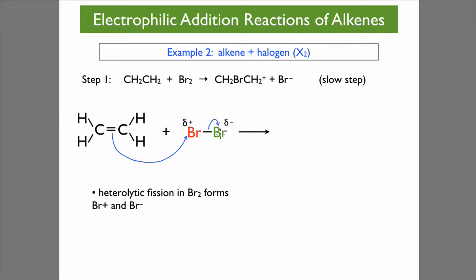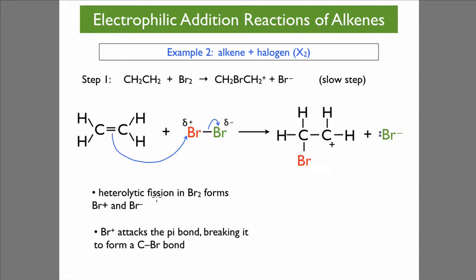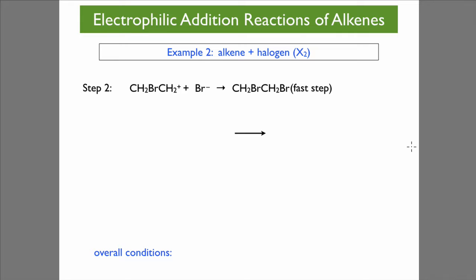There's heterolytic fission in the bromine, making this electrophile and a nucleophile. The positive bromine attacks the pi bond, breaking it to form a carbon-bromine bond, giving us this carbocation, which again is unstable and wants to react quickly, and the bromide ion. So this is the slow step, and then we have the fast step.